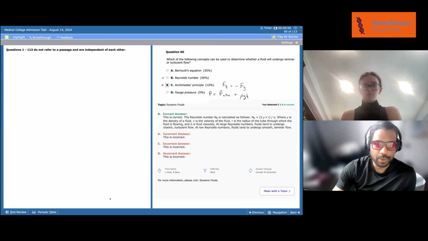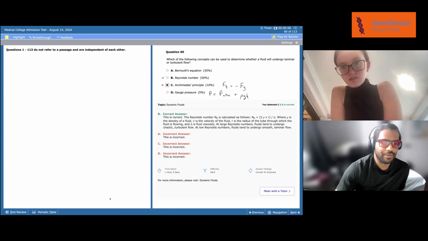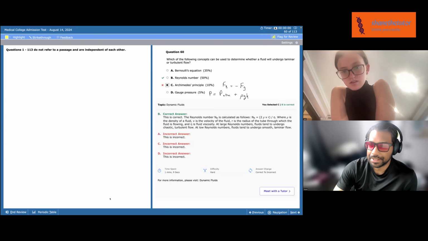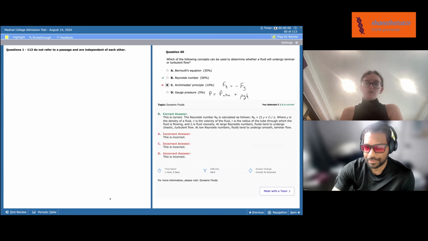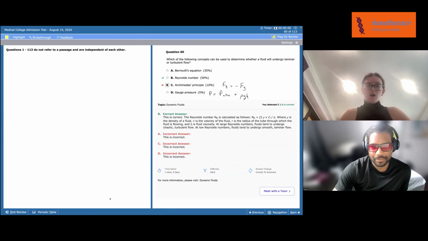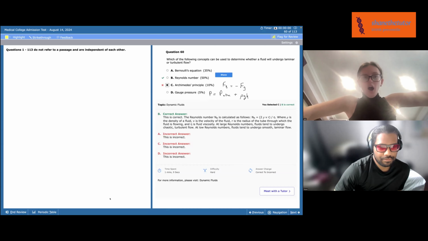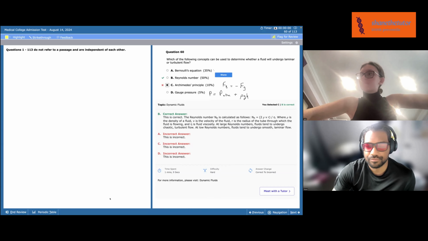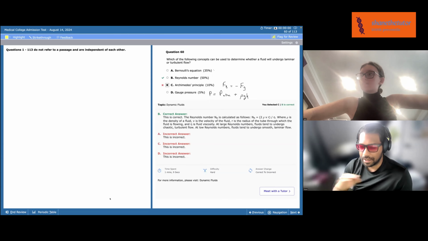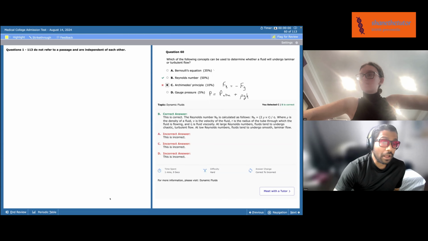Bernoulli's equation is just applying conservation of energy to volumes of water or fluid. I'll write that some other time, but it's basically conservation of energy divided by volume.